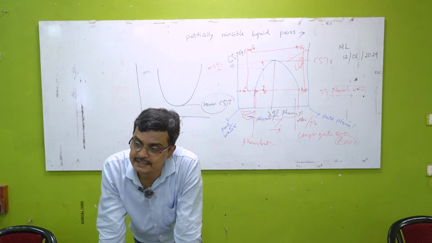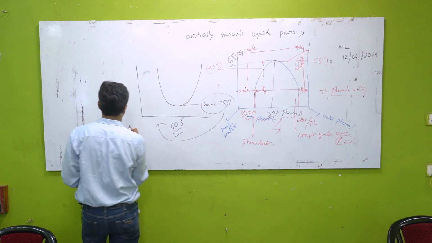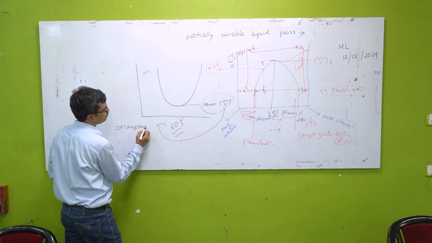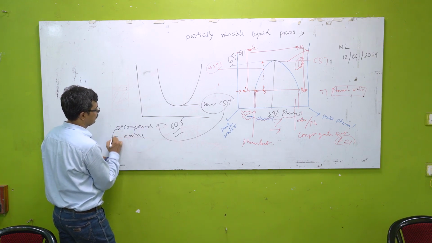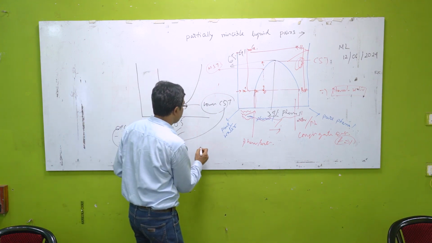And there are also, see, where do you get this type of thing? You get this type of thing for hydroxy compound and amine, or hydroxy compound keto type of system, because there is hydrogen bonding.